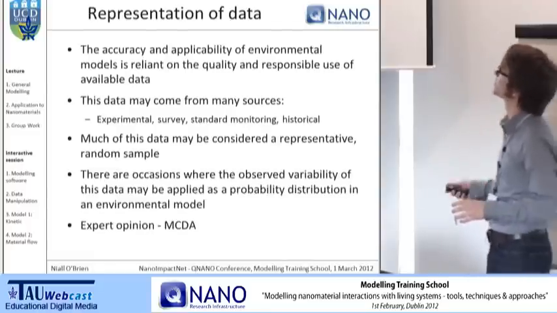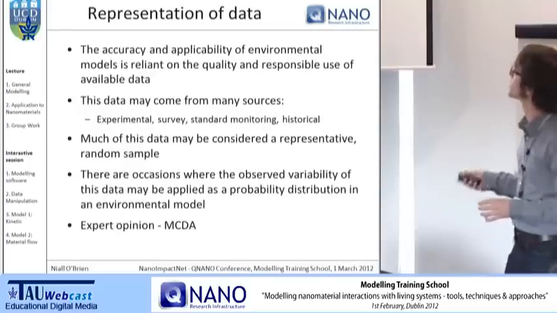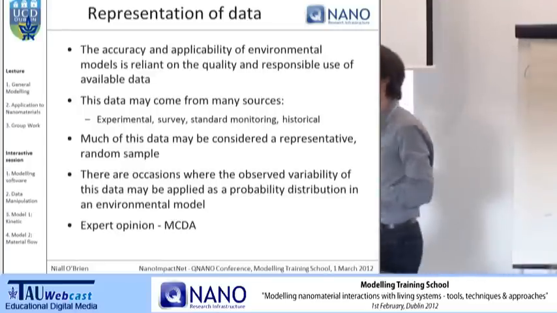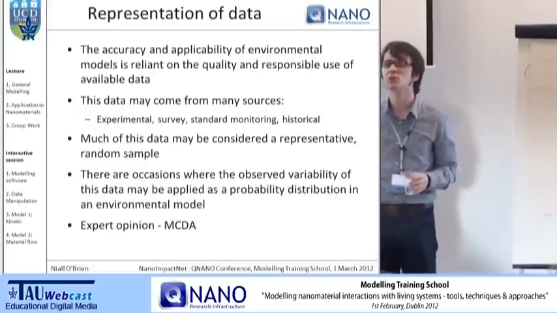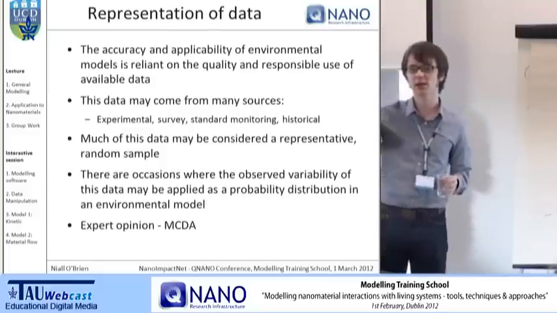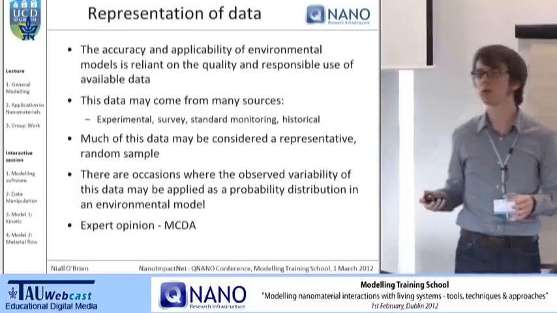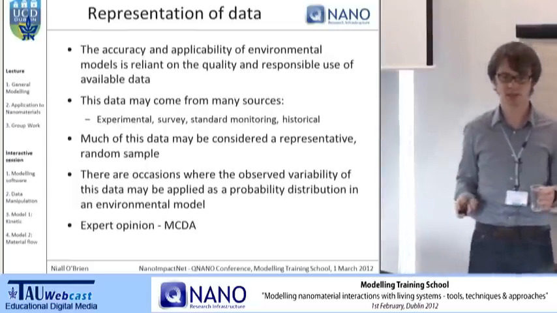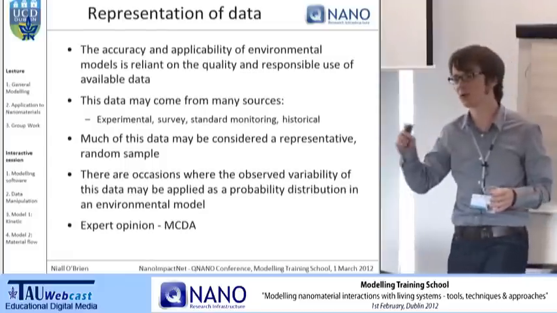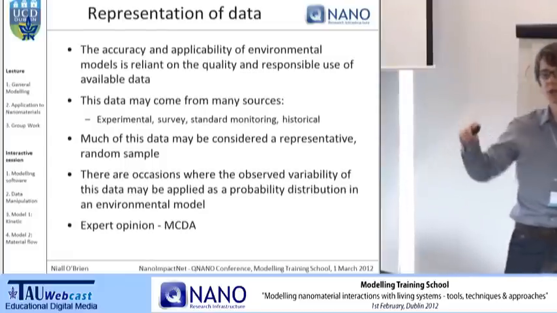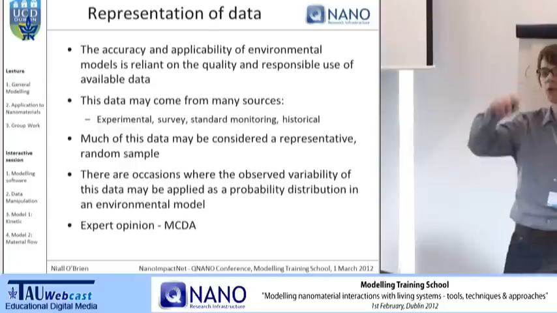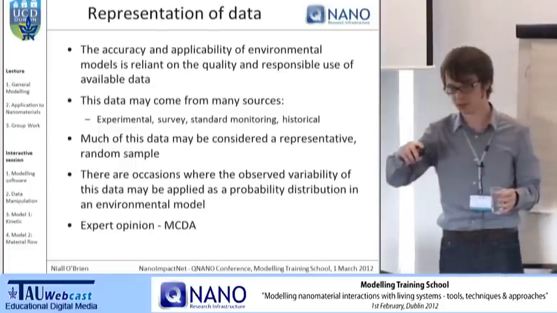So, when we talk about representation of data in a model, the accuracy and applicability of environmental models is reliant on the quality and responsible use of available data. So we might have data and lots of it. If we don't use it in a responsible way and represent it in an appropriate way, then the result we have is meaningless. So we have to know how to use this data, how to represent it, which distributions we can use which are appropriate for our level of knowledge.